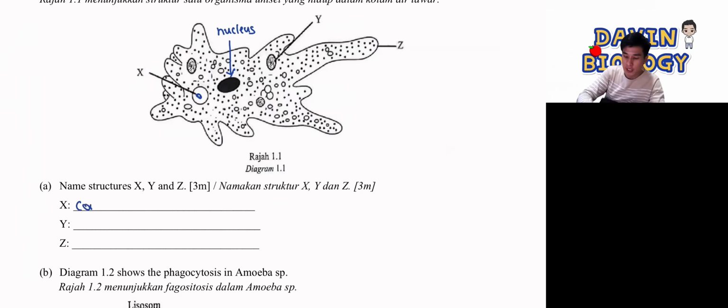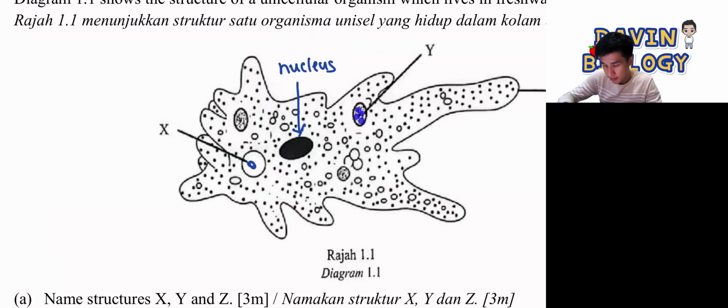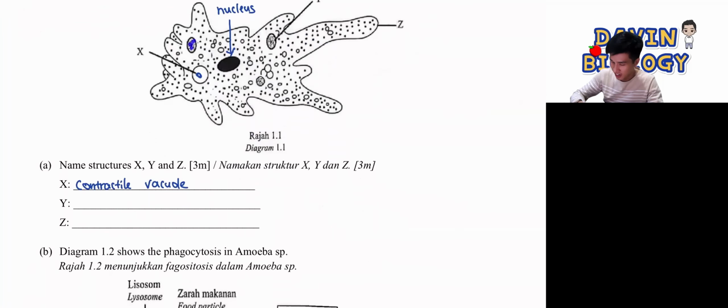But the full name is called contractile vacuole. Okay. Now, what's another vacuole? This vacuole got things inside one. You can see this one is water, that's why it's like white color, but this one got something inside one. So it's called, yes, food vacuole.